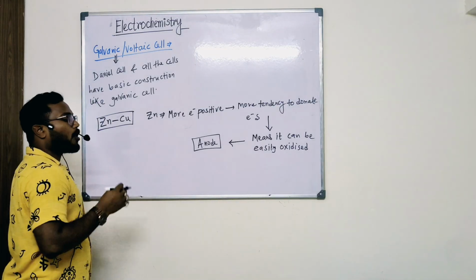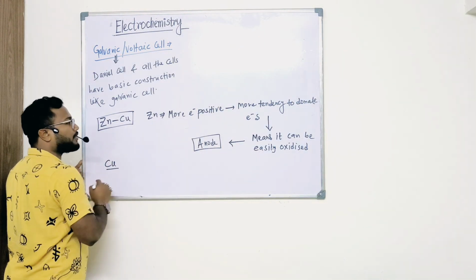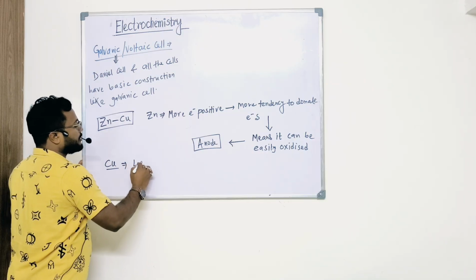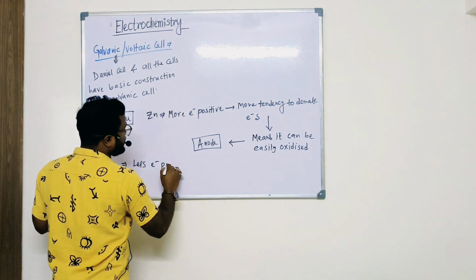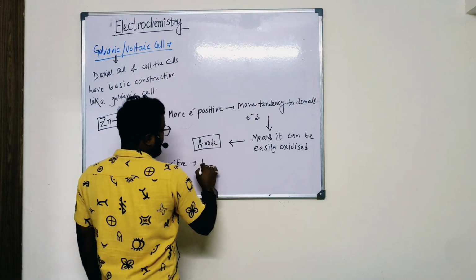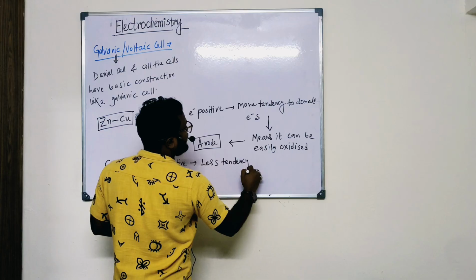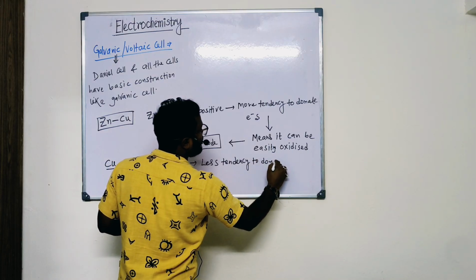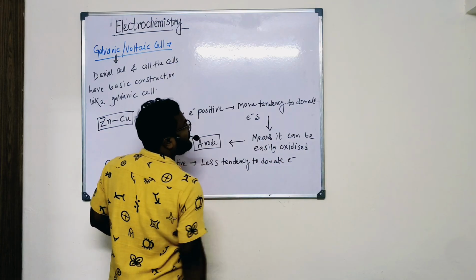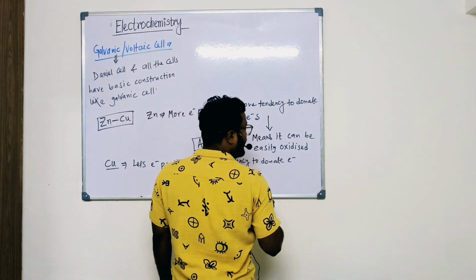Now in case of copper, copper is less electropositive in comparison to zinc, so it has less tendency to donate electrons, it prefers to accept electrons.